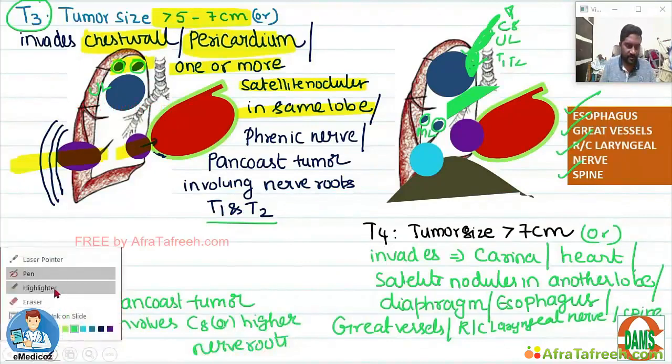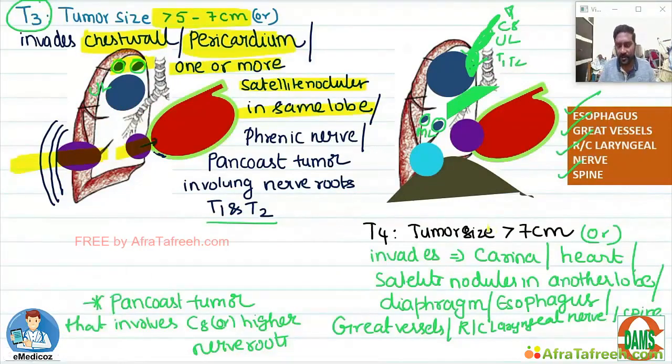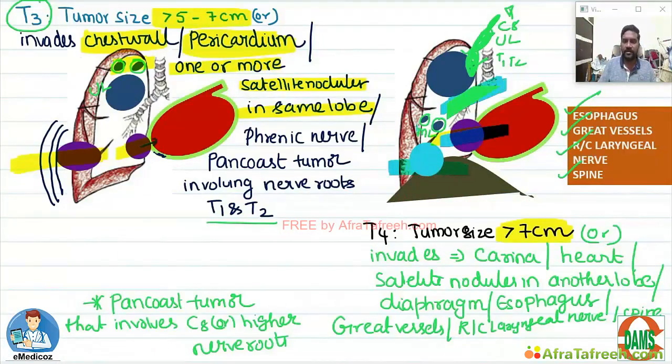So this is with respect to T4. The size will be more than 7 centimeters and it will be more aggressive, directly involving the heart. You can see here it is involving the heart, involves the diaphragm, goes and involves the carina. There can be satellite nodules in another lobe.